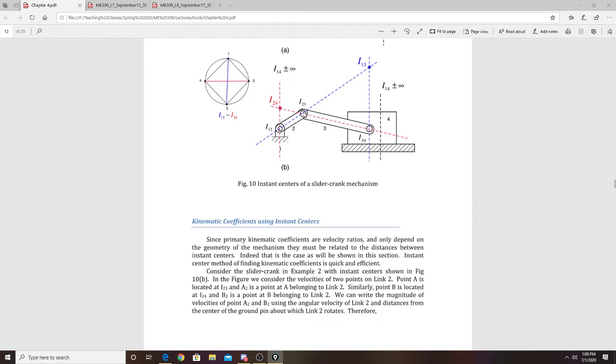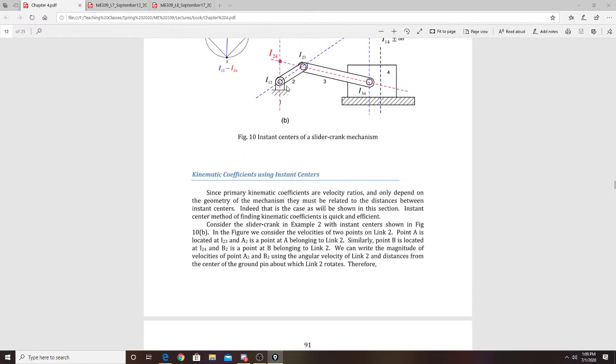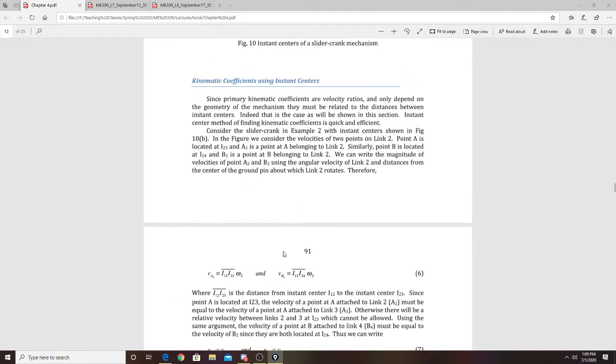We can write the magnitude of velocities of point A2 and B2 using the angular velocity of link 2 and distances from the center of the ground pin about which link 2 rotates. Therefore, right here it says, alright, so VA2, the velocity at point A2, is I12 and I23, so I12 and I23, that distance right here, times omega 2.